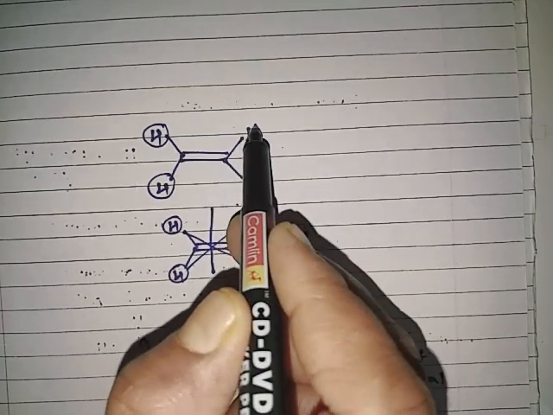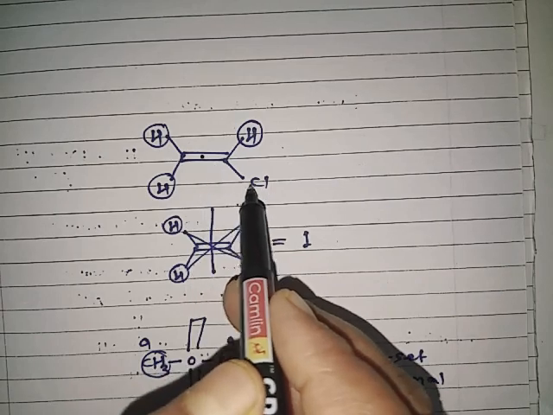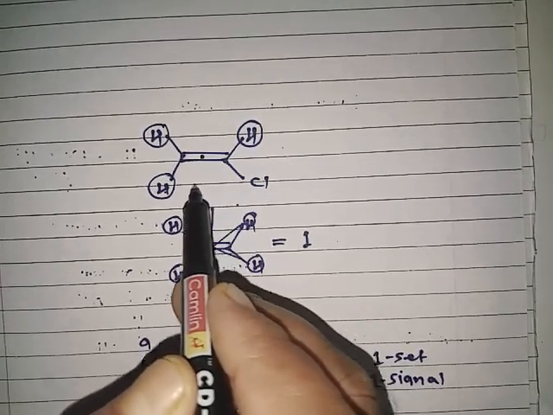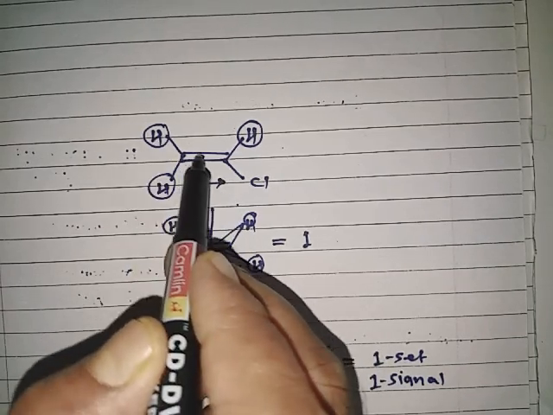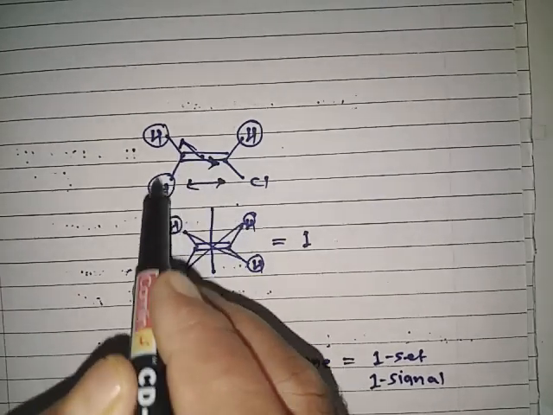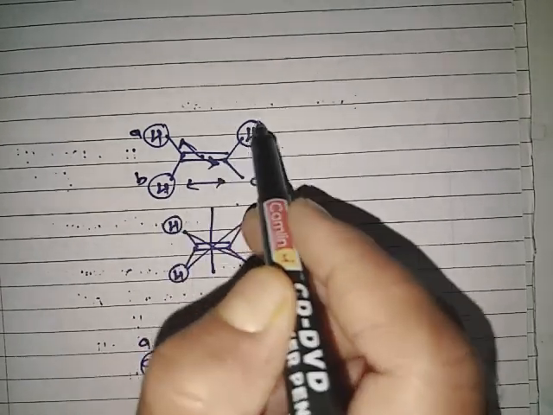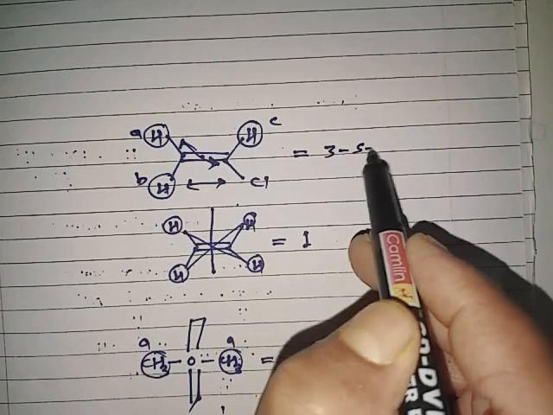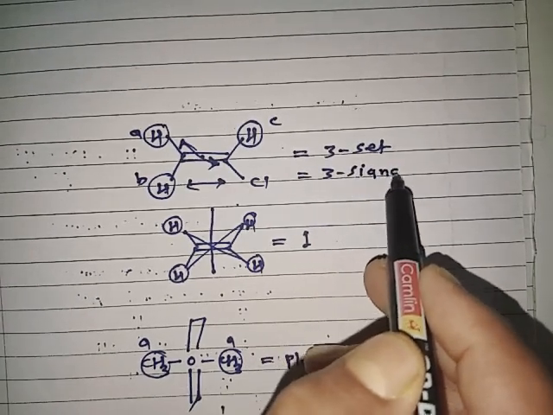Because in this molecule, this hydrogen is cis to this chlorine and this hydrogen is trans to this chlorine. So these two protons become different and we will observe three sets and three signals.